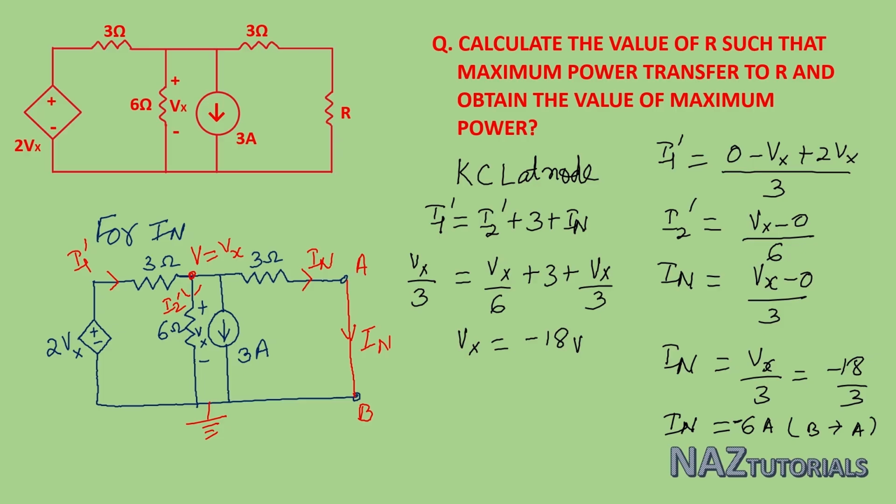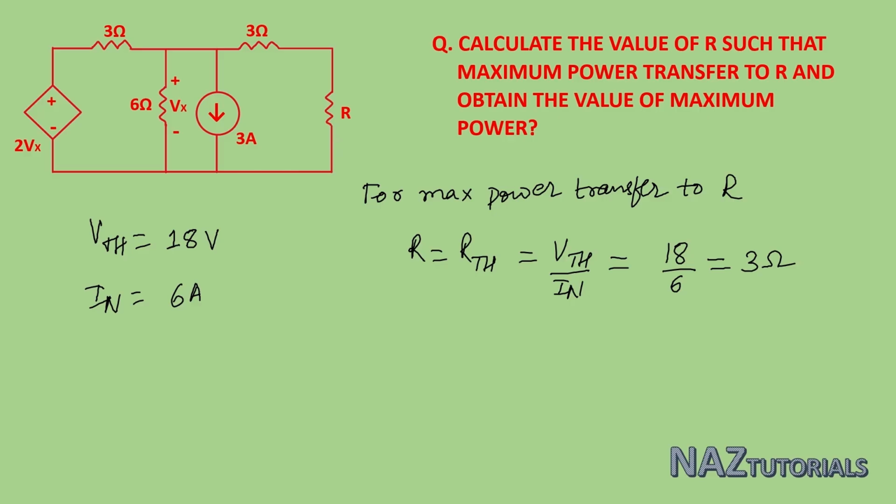Now calculate our RTH and our maximum power. As we calculated, VTH is 18 volt, IN is 6 ampere. So for maximum power transfer to the load R, this is equal to RTH, that is VTH divided by IN, that is 18 by 6, and its calculated value will be 3 ohm.